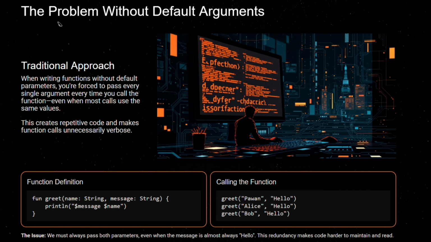So the problem was when we didn't have any default argument. We needed to pass every parameter value. This made the code look repetitive, like here we are passing hello every time.